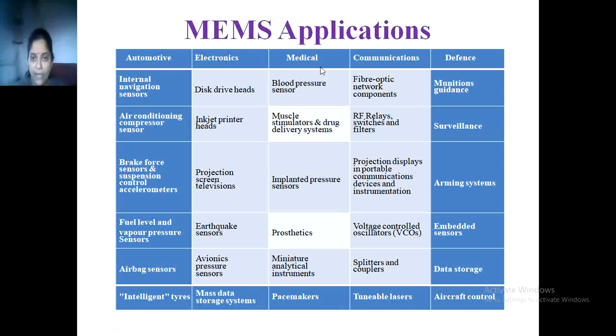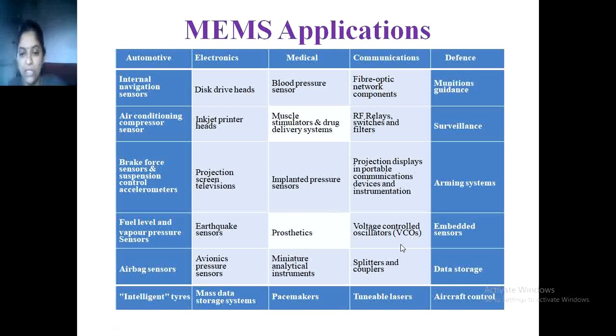Then in the medical field also there are various applications. For example, blood pressure sensor, muscle stimulators and drug delivery systems, implanted pressure sensor, prosthesis, miniature analytic instruments, then pacemakers. And in communication systems, fiber optic network components, RF relays, switches and filters, projection displays in portable communication devices and instrumentation.